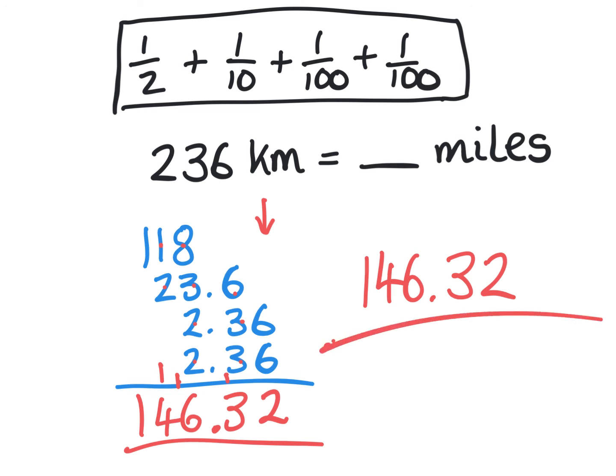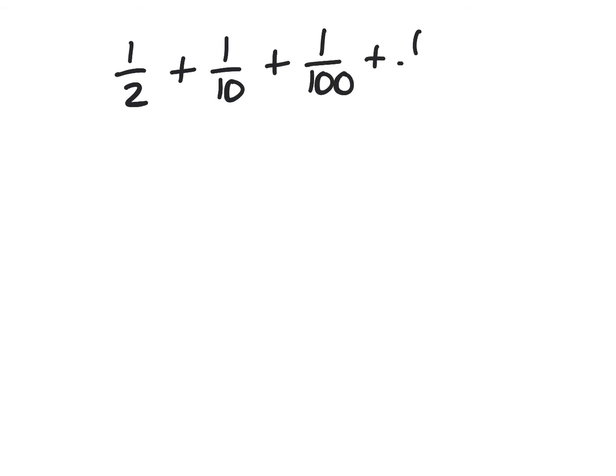Right, time for some questions. So I'll put this on the top: a half plus a tenth of your number plus a hundredth of your number plus a hundredth of your number. All right, that's what you're going to have to do to all these. So number 1, 34 kilometres.